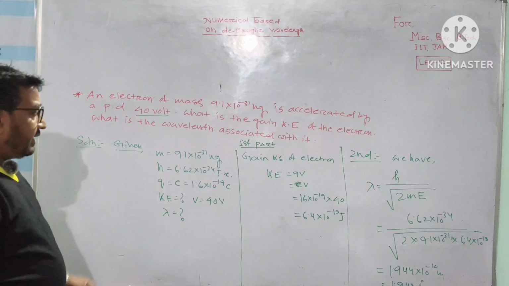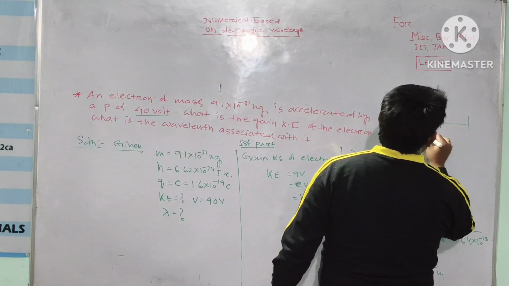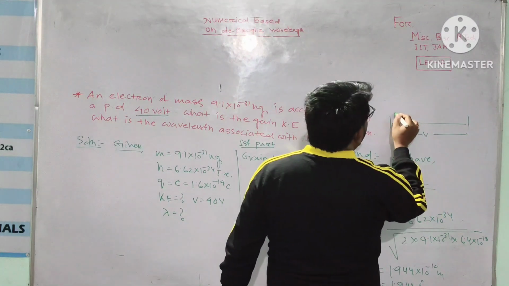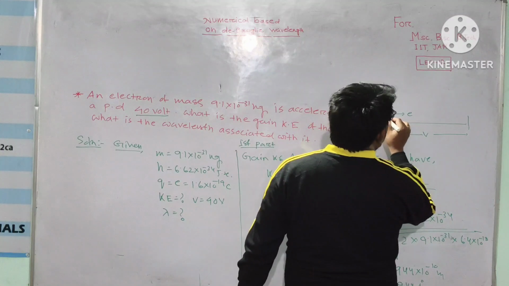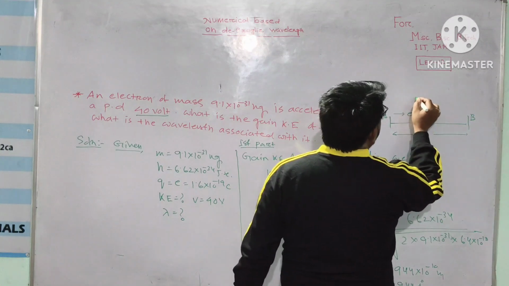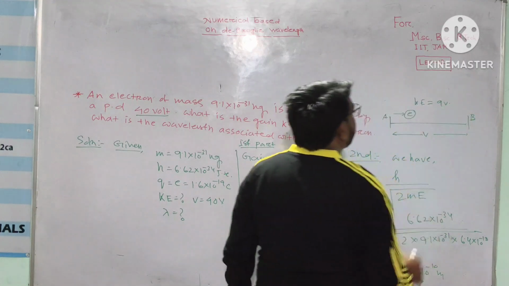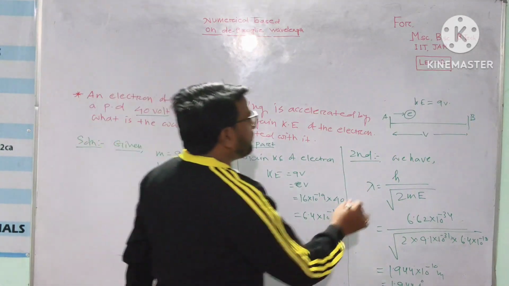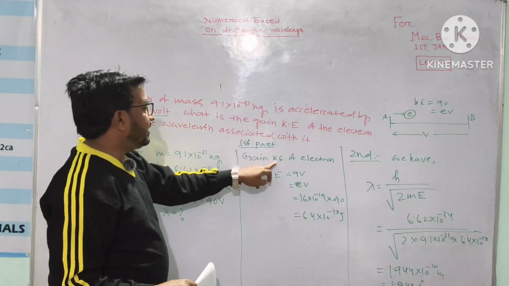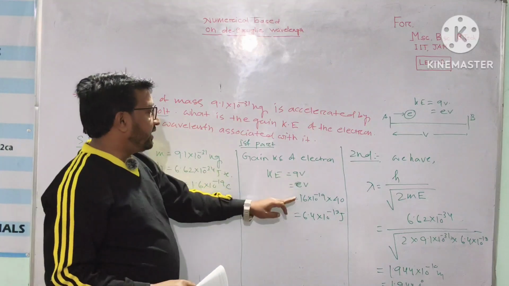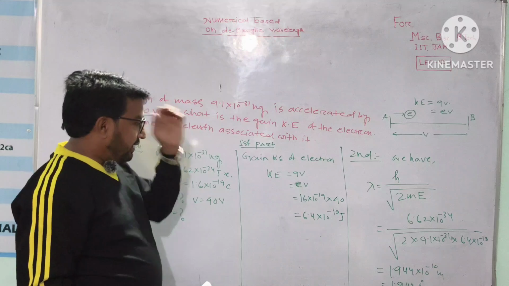Okay, suppose this is a certain potential difference, say V. When an electron is accelerated from A to B, then in this situation the electron gains energy equal to q into V. So kinetic energy equals q into V, and this is equal to e into V. So this part is the gain of kinetic energy of the electron, K equals q into V, which equals e into V, and the value of e equals 1.6 into 10 to the power minus 19 coulomb, and V equals 40 volt.